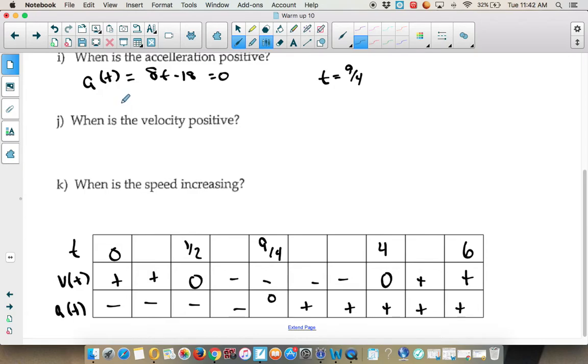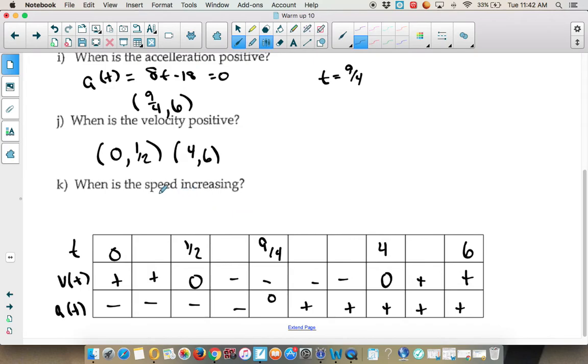Well, your acceleration is positive from 9/4 to 6. When is the velocity positive? Well, that's going to be when you were moving to the right, which we answered already. It's just a question worded differently, but it's asking the same question. So that was from 0 to 1/2 and 4 to 6.